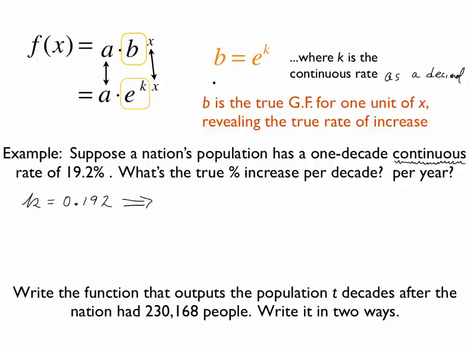But what did someone else say? Yeah, get B. B is the same B we've been using the last 2 weeks. From that B, we can get the true percent change. So B equals e to the K.